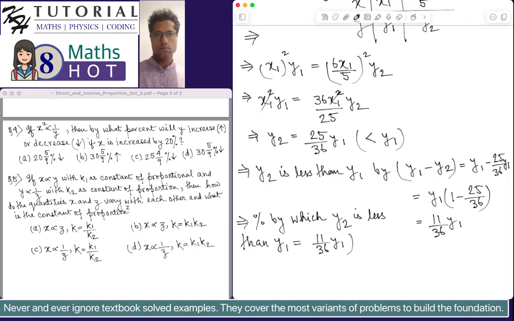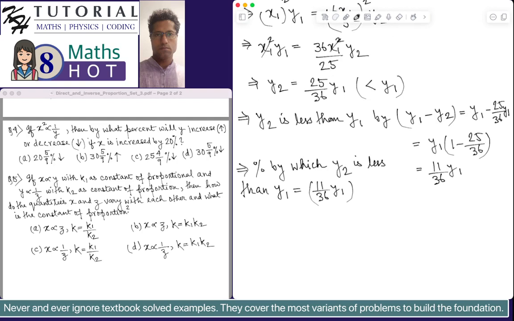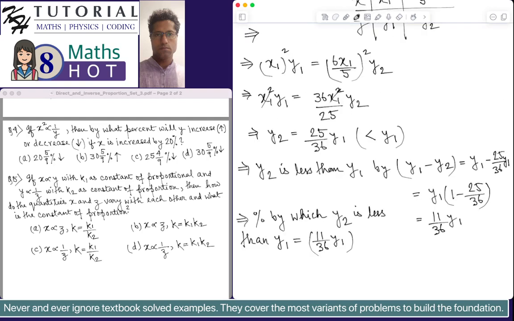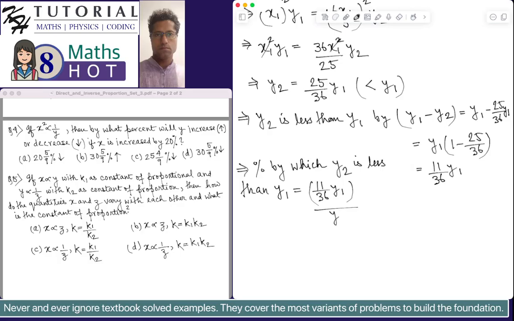This is the amount by which y2 is less than y1, and we need to find the percentage of this amount based on y1. So divided by y1 and multiplied by 100. y1 will get cancelled out and we will have 11 multiplied by 100 divided by 36, this much percentage.